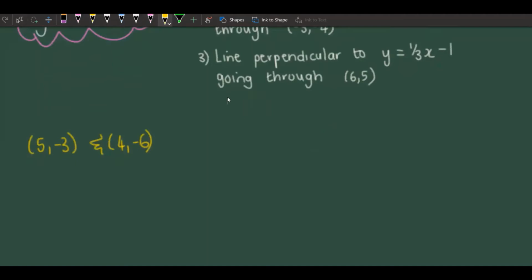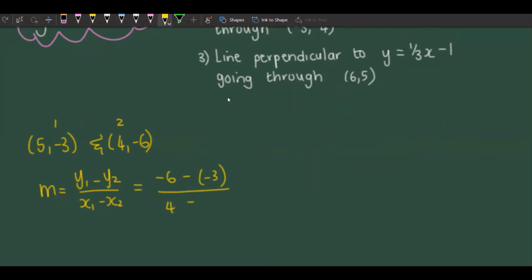The gradient is quite simple. You can call these points 1 and this one 2, but it doesn't matter which one you label 1 or 2. So (y1 minus y2) over (x1 minus x2). This is using the gradient formula that we spoke about in the gradient video. So this is -6 minus 3 all over 4 minus, sorry, I used 1 minus 2.